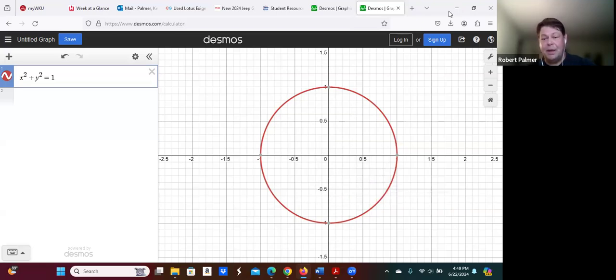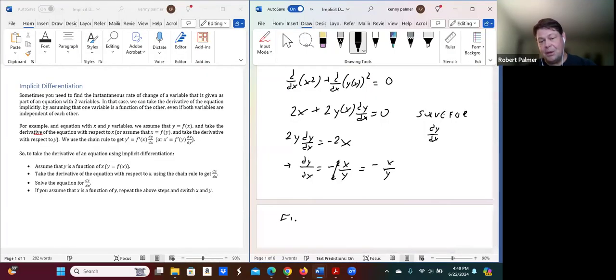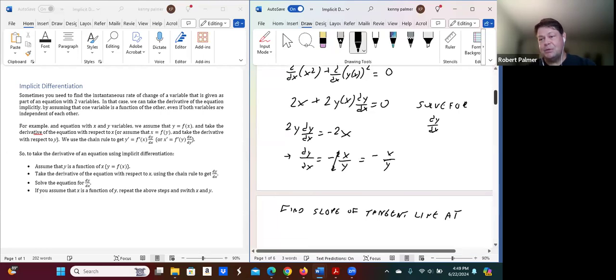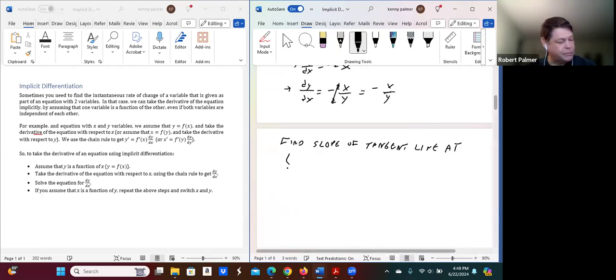Let's find the slope of the tangent line at this point. We'll just use decimals on the circle. This point approximately on the circle is 0.5 and 0.866.